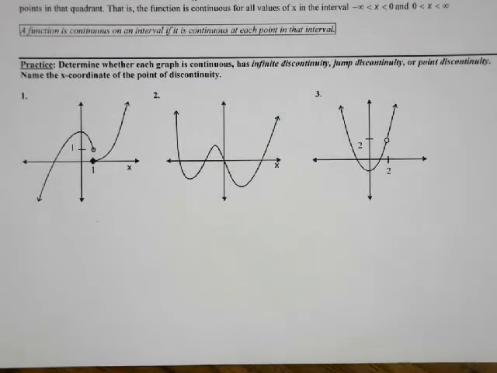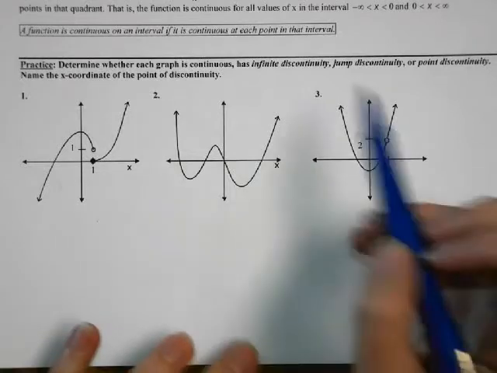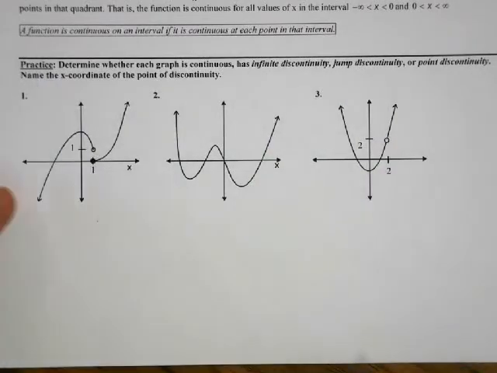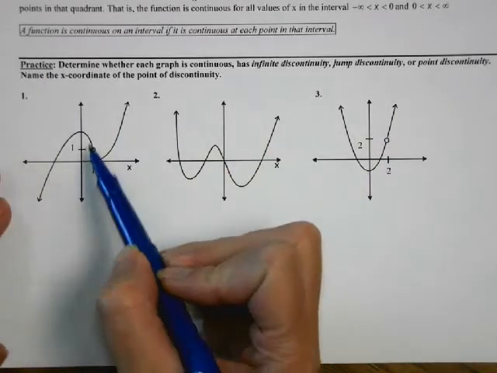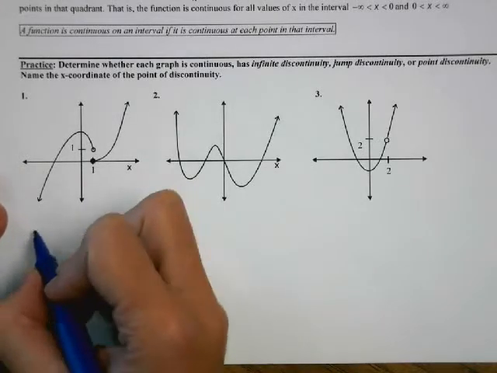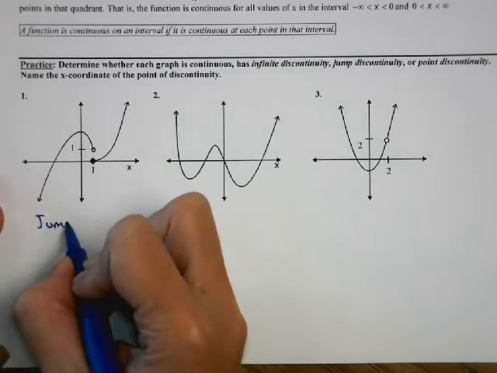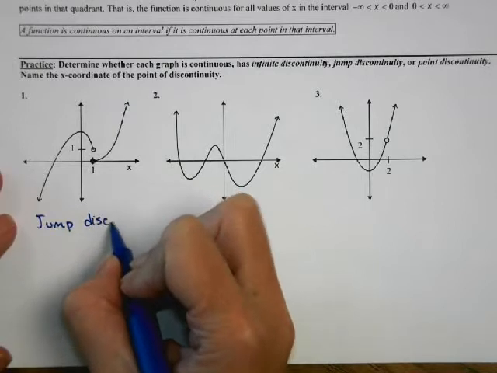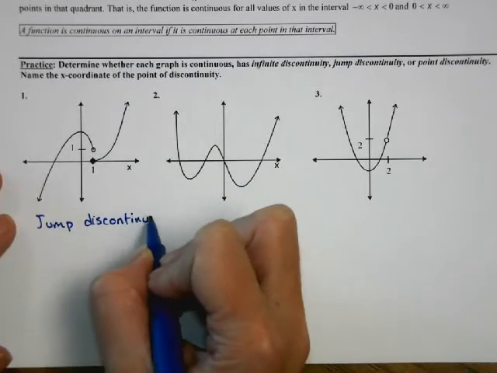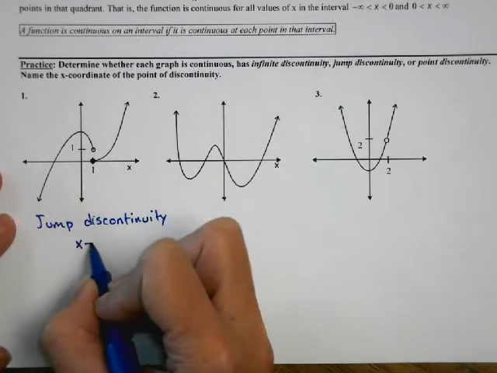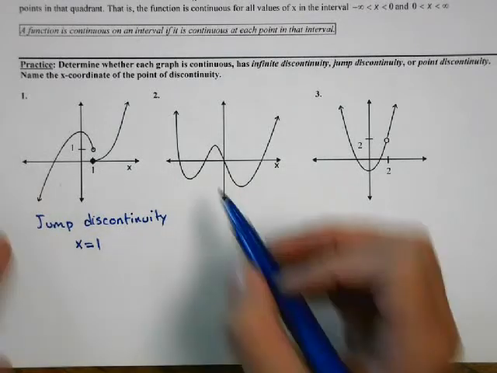So we're going to determine whether the graph is continuous or discontinuous, and if it's discontinuous, which type of discontinuity and the x-coordinate. So this one is clearly discontinuous. It has a jump discontinuity. Okay, and that's going to occur when x equals 1.